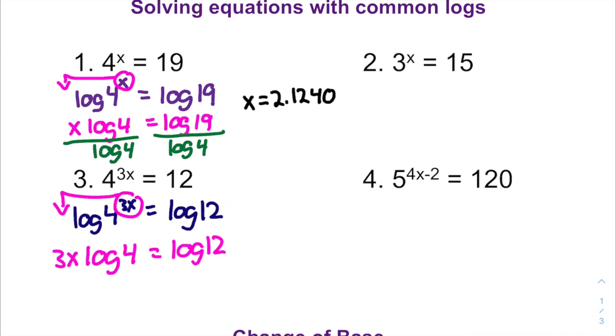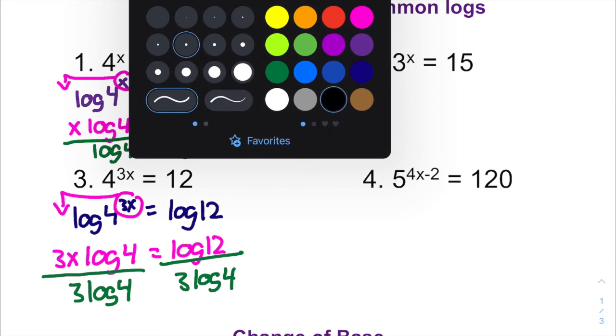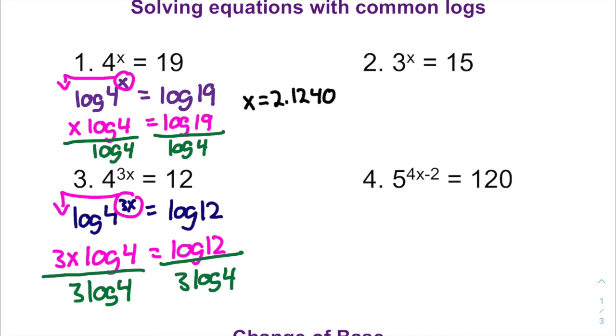Now we want to solve for x, in which we have 3 times x times log of 4. So what will we divide by to solve for x? We're going to divide by 3 times log 4. In your calculator, you're going to type in, using the log button, log 12, enter. Divide it by 3 times log of 4, and we'll get our final answer, the decimal 0.5975.